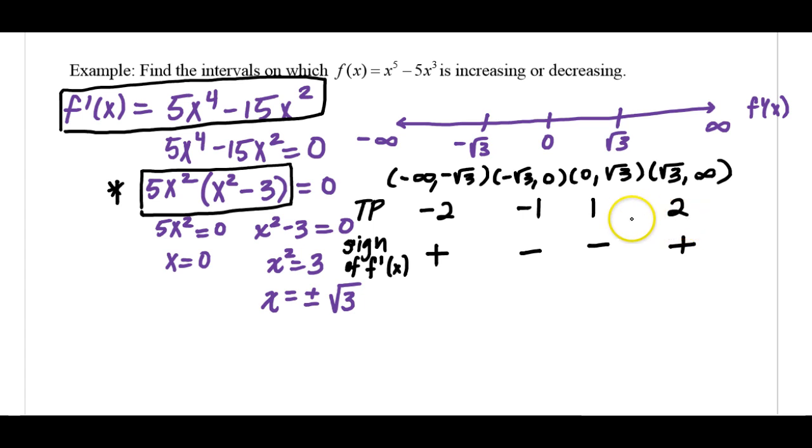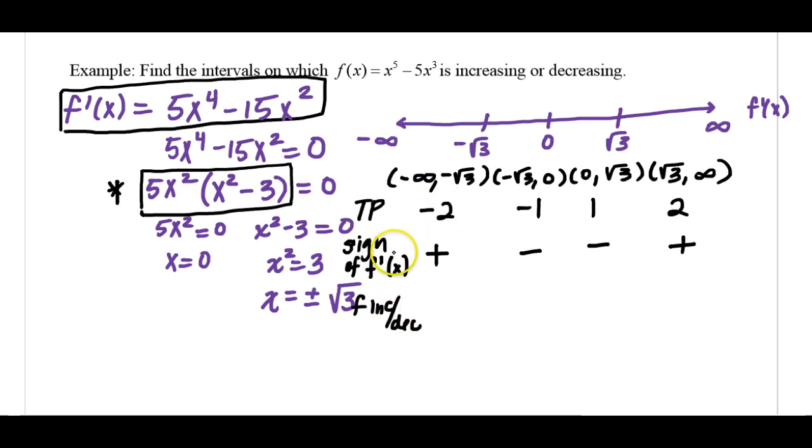So hopefully you don't actually need to plug in the number and find the actual value to determine the sign. It's just a matter of determining whether the result will be positive or negative. We don't care about the specific value. So now that we know what is happening to the derivative over each of these intervals, we can determine whether f is increasing or decreasing.